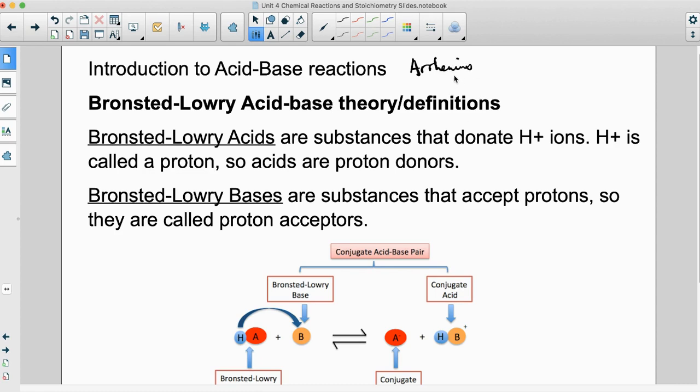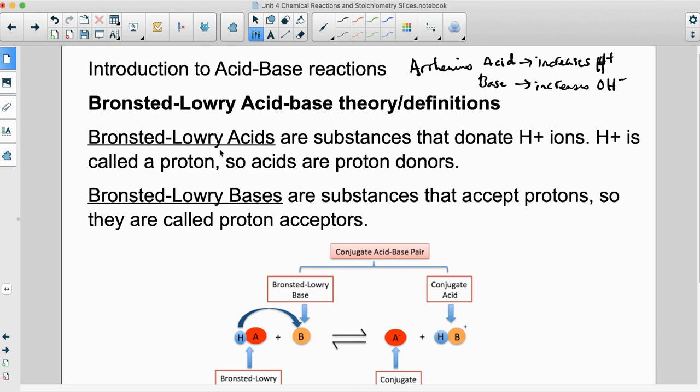Basically, an Arrhenius acid increases the H+ in solution, and an Arrhenius base increases the OH- concentration. Okay, so that's our basic definitions from Chem 1.